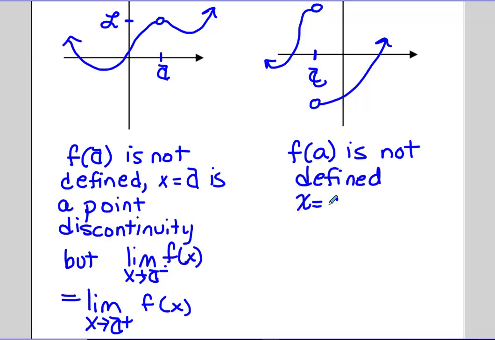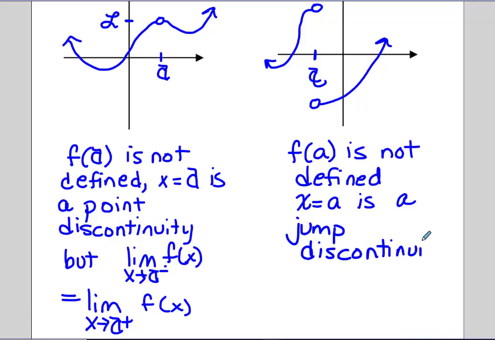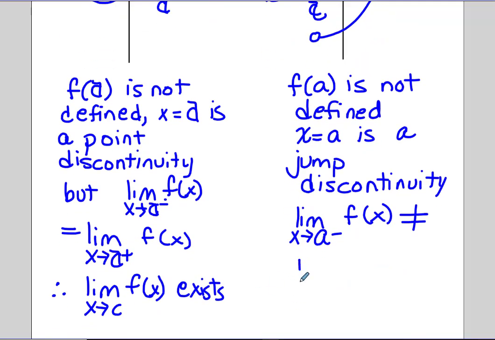And at x equals a, in this case, we called that a jump discontinuity back in chapter 1. That's a jump discontinuity. And the limit as x approaches a from the left of the function is not the same as the limit as x approaches a from the right.